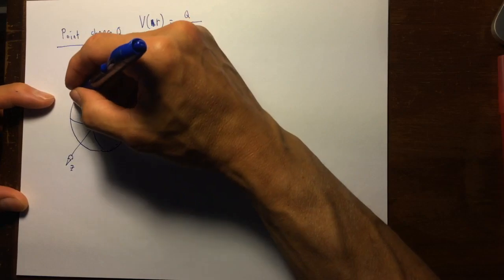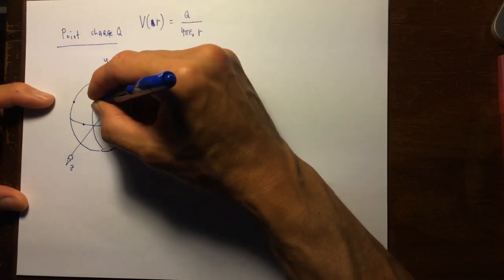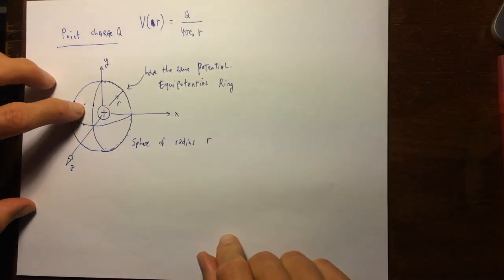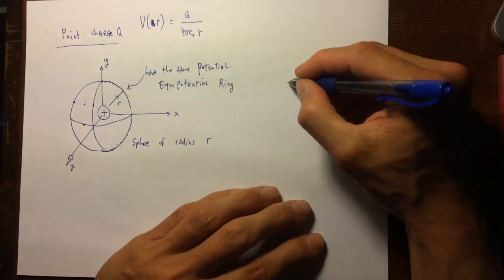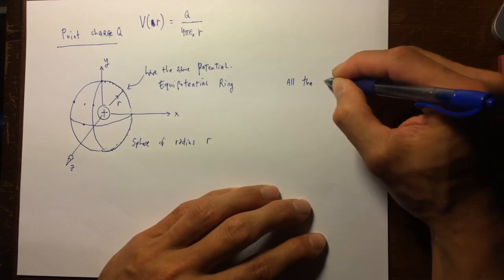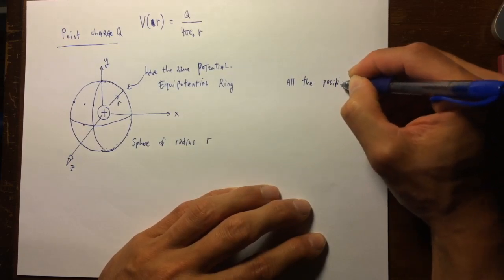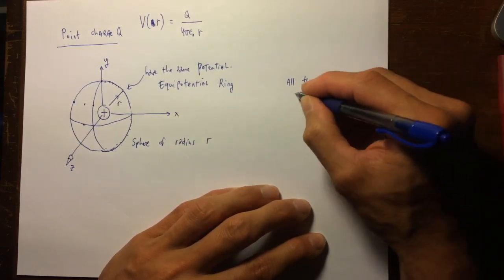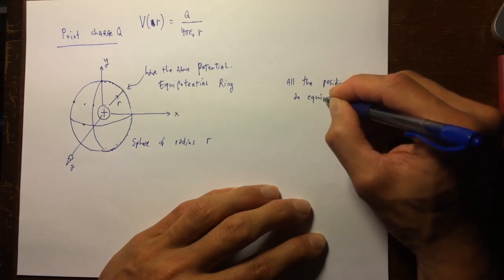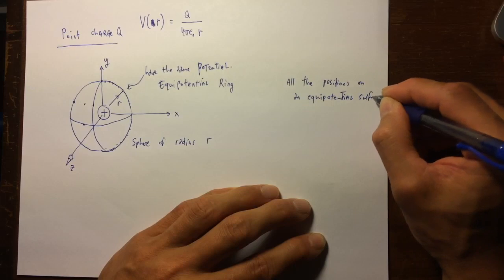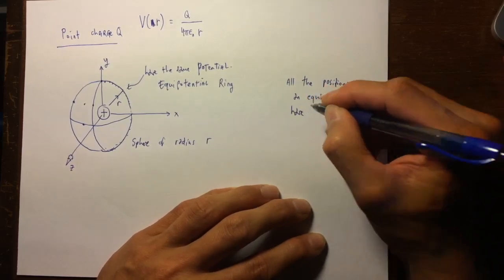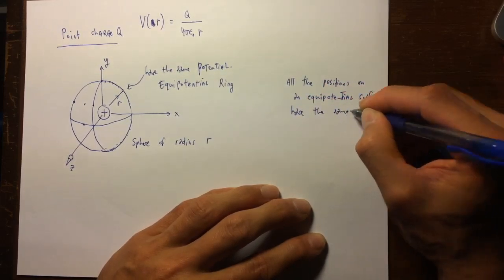So if I imagine points on the sphere of radius r, all of these positions have the same potential. All the positions on an equipotential surface have the same potential.